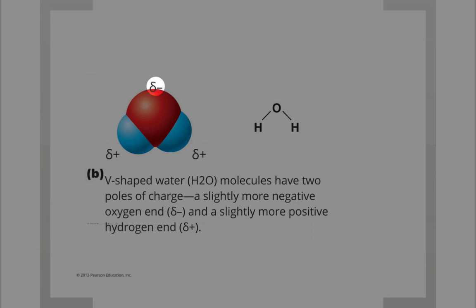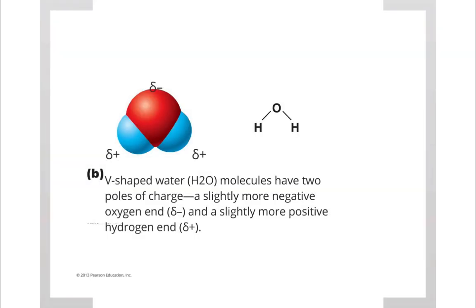So the oxygen end of this molecule is partially negative, while the hydrogen end is partially positive. As a result, a water molecule, being partially negative on one end and partially positive on the other, behaves a lot like a magnet. And as a result, water does some very interesting things.